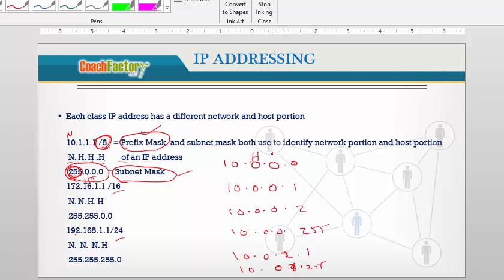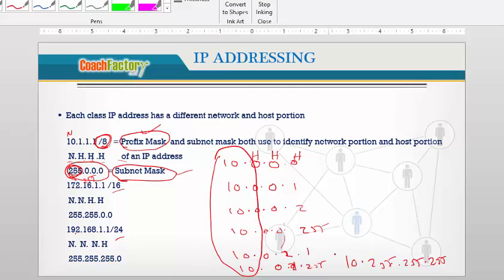These are the host portions. So we can keep changing it up to 10.255.255.255. But if you notice, this network 10, we cannot change it because it is reserved. So how many bits does it contain? It contains 8 bits and all the 8 bits are reserved.